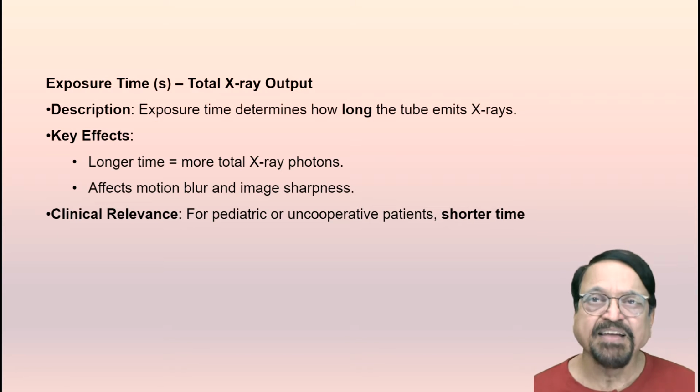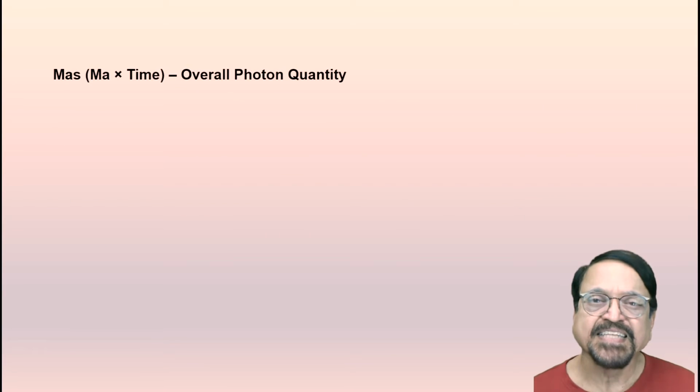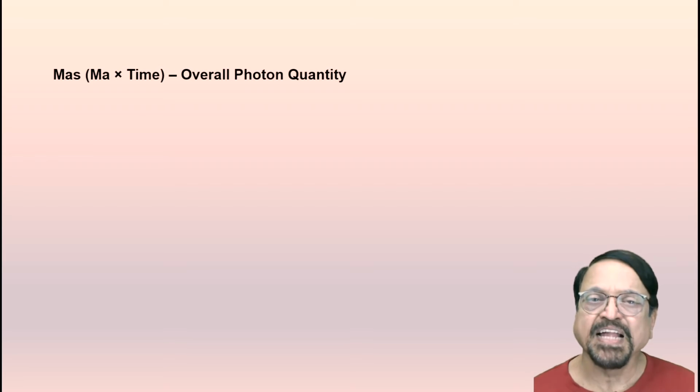Its relevance is in pediatric or uncooperative patients, where a short time will be preferred and a long time will not be preferred because of motion artifacts. So when you want to increase the MA, the seconds will drop down, and ultimately image sharpness will be more.